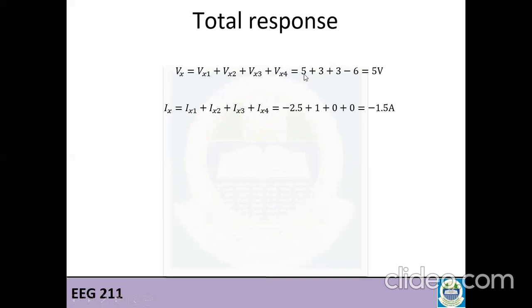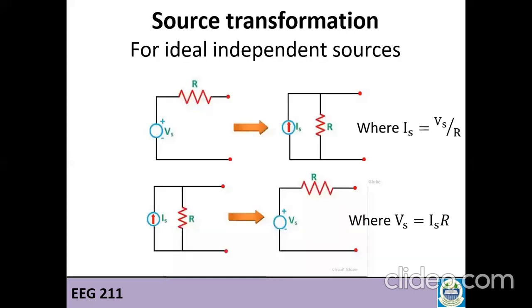If you do that, we see it to be 5 plus 3 plus 3 minus 6, which will give us 5 volts. Similarly, if we do the same for current, we sum up all the individual current responses, and this will give us minus 1.5 amps. And this is solved by the superposition principle.